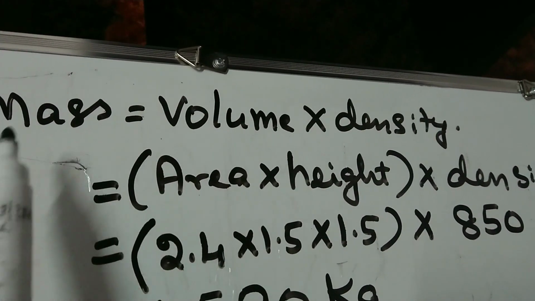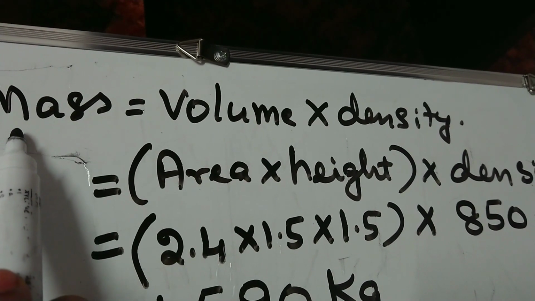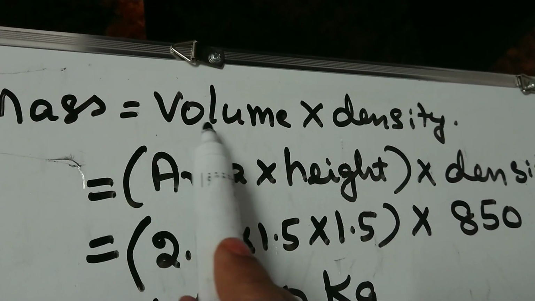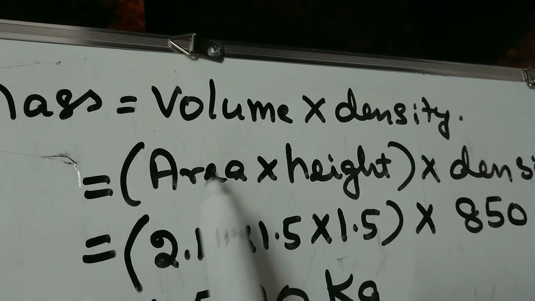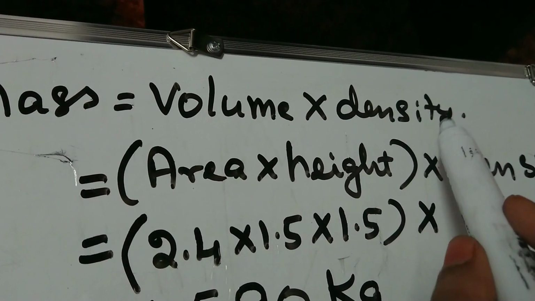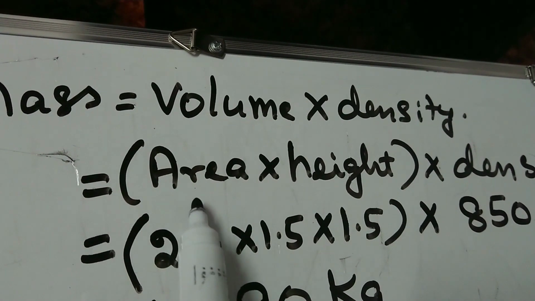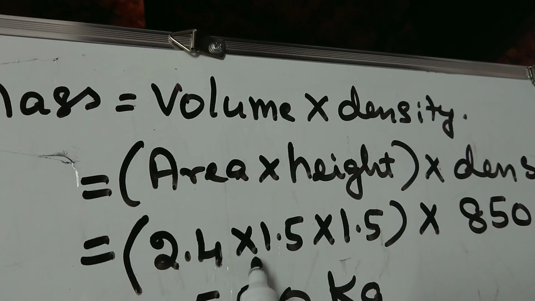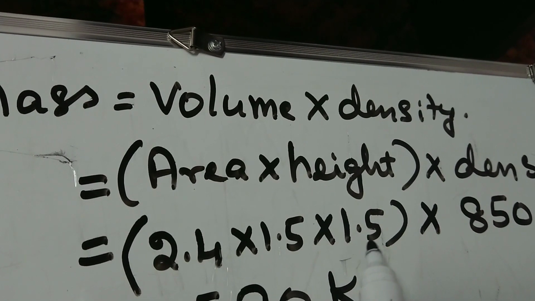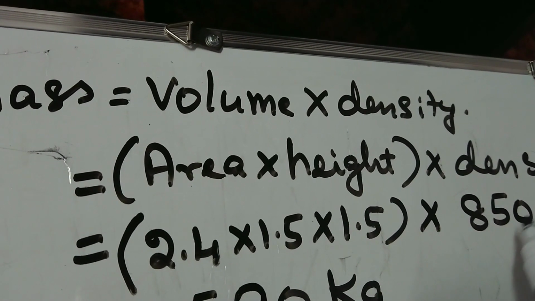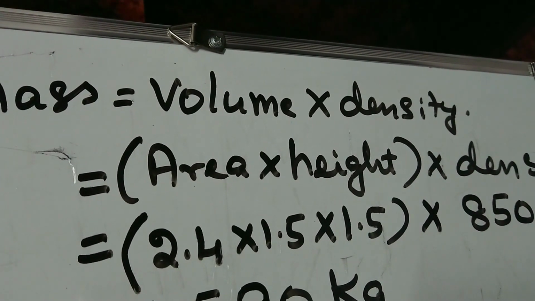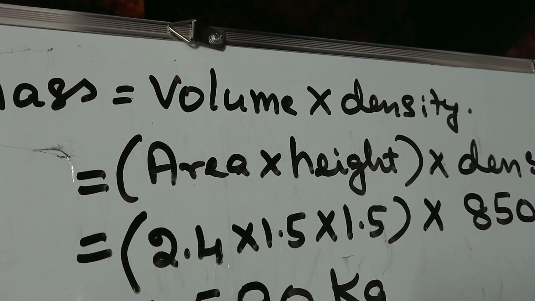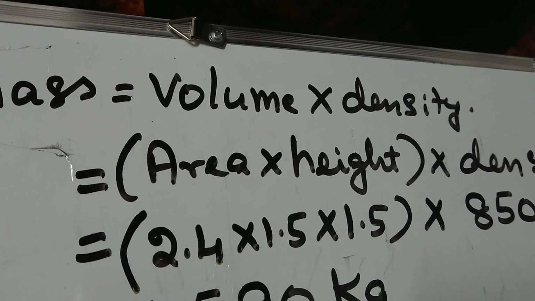So, if we are using that method, then find out mass using this formula, volume times density. Volume means area times height times density. So, area which is given 2.4 times 1.5, height is 1.5 times density is 850. So, finally we will get mass equals 4590 kilogram.